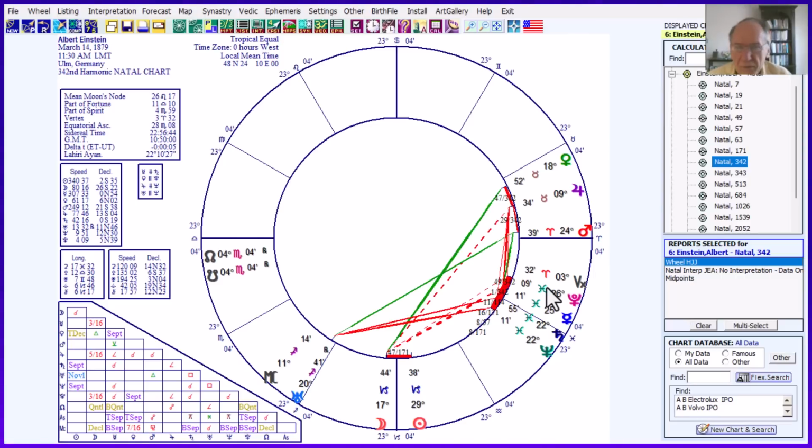Is it possible that Einstein's abstract genius is partly from this planetary configuration? If that's true, this is unbelievable. This is one of the most radical discoveries in modern times. And that's what we're saying.